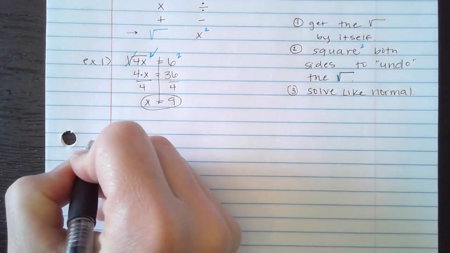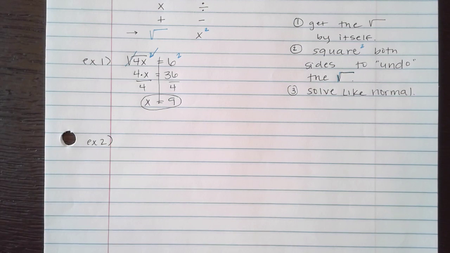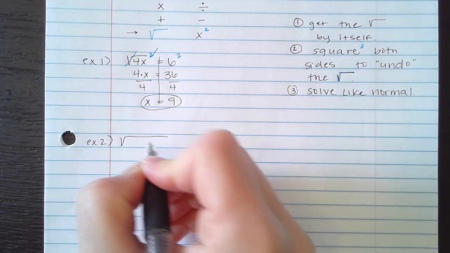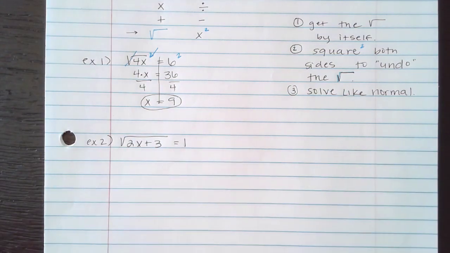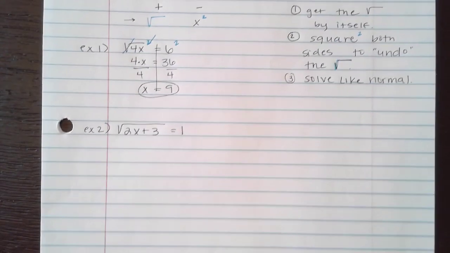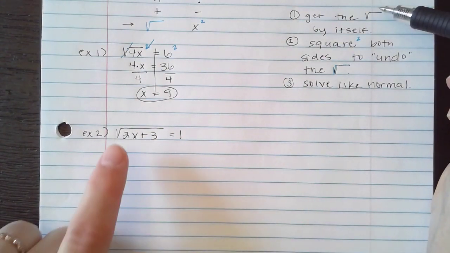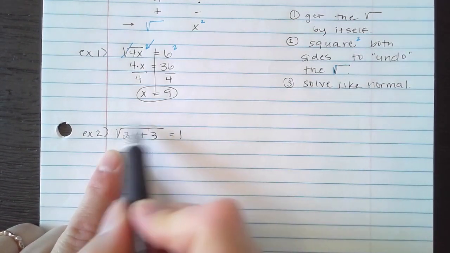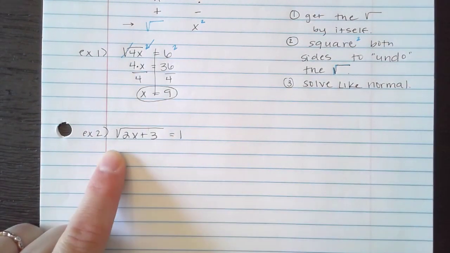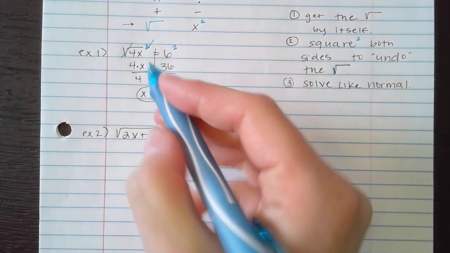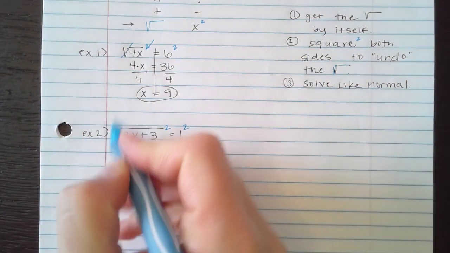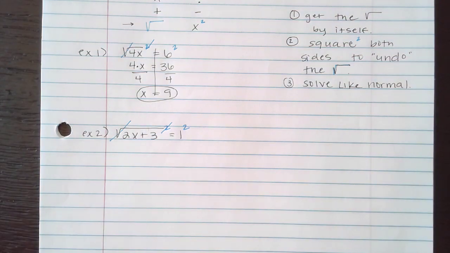Let's look at another example then. Example 2. The square root of 2x plus 3 is equal to 1. So our first step's up here. Get the radical by itself. Done. There's nothing else over here. It's just a radical with a whole bunch of stuff underneath it. Step 2, square both sides because that undoes the square root.